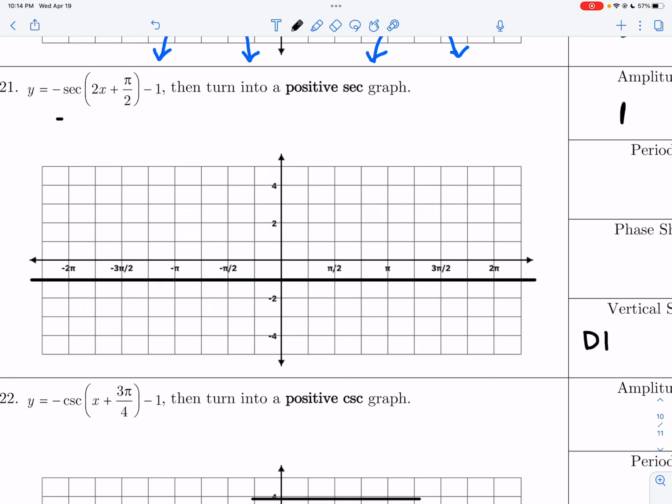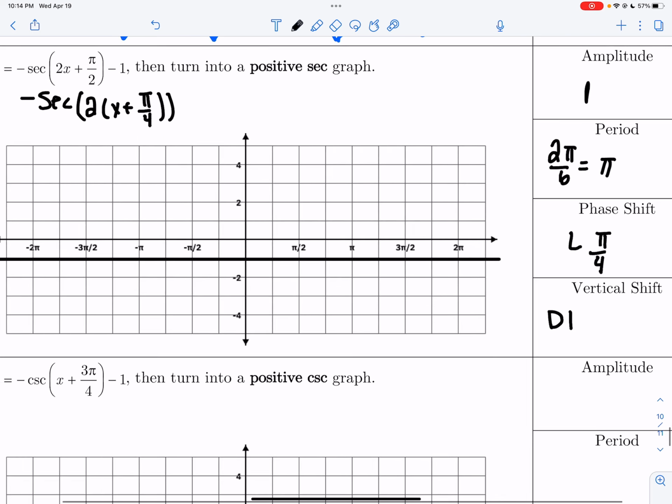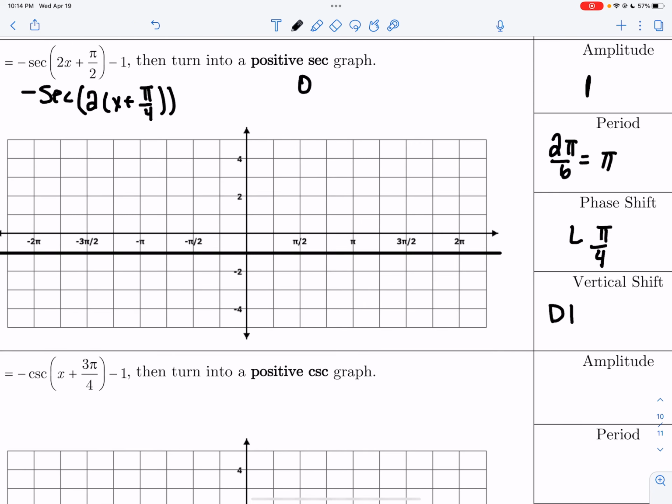So I have negative secant 2x plus pi over 4. My period is 2 pi over b, or just pi. My phase shift is left pi over 4. So I'm going to go from 0 to pi.